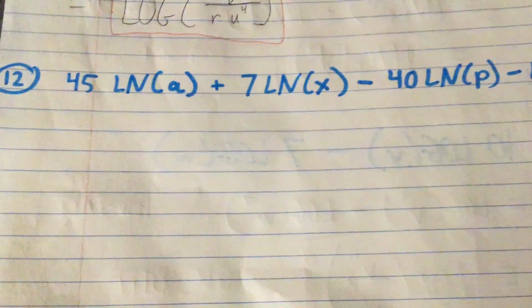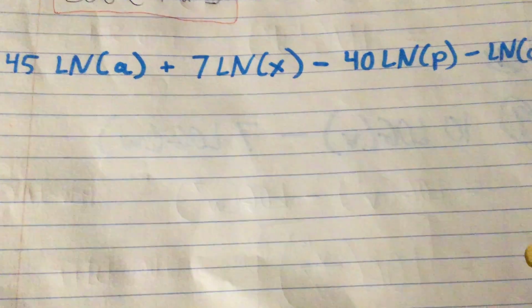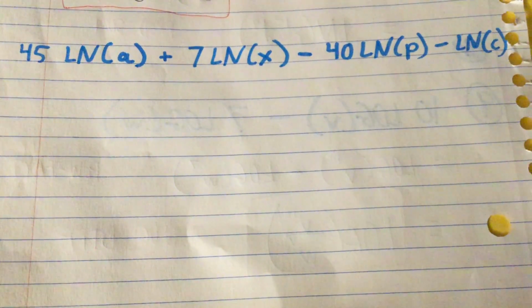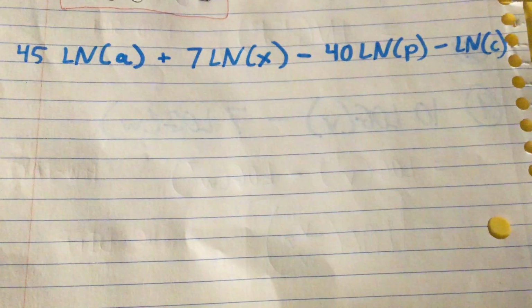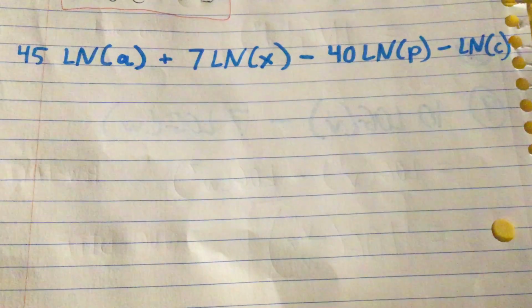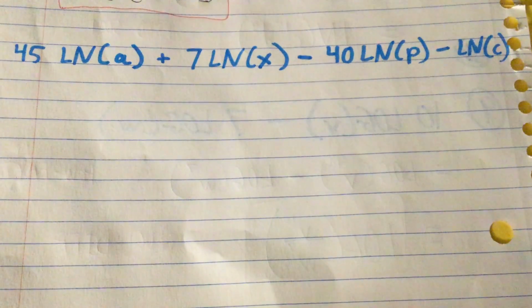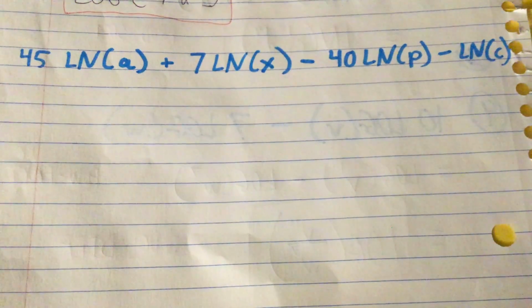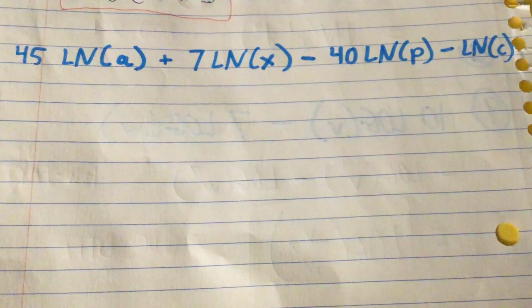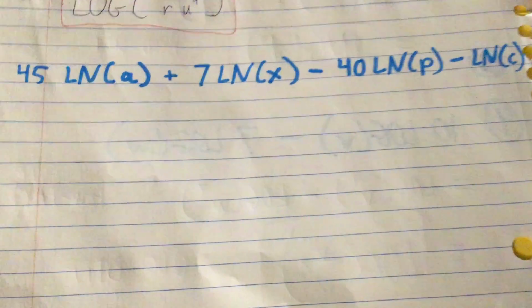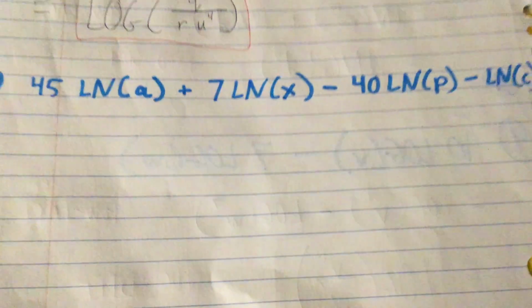All right, last problem, number 12. 45 natural log of a plus 7 natural log of x minus 40 natural log of p minus natural log of c. Okay. Well, all the factors out in front can be combined inside of the logarithm as an exponent.